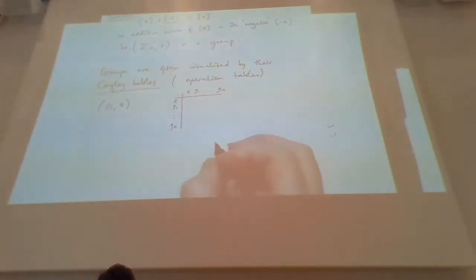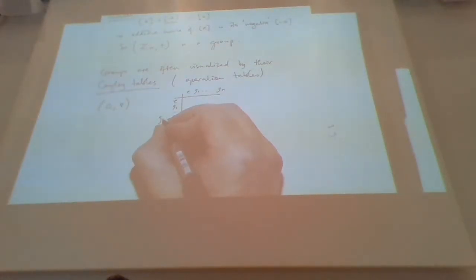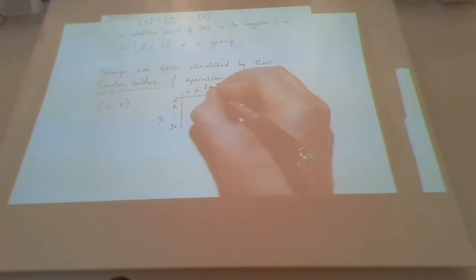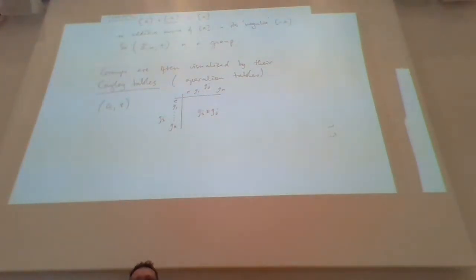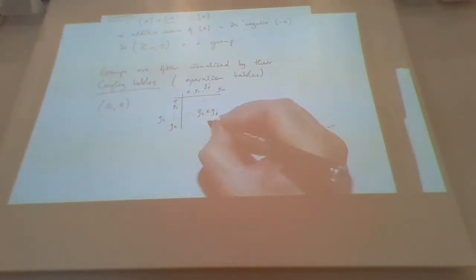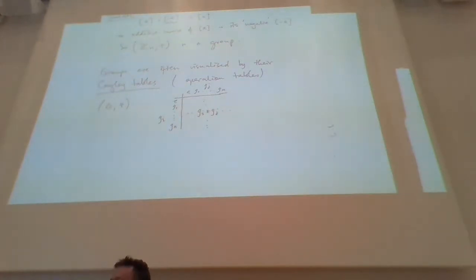In the body of the table, in the row corresponding to g_i and the column corresponding to g_j, you put the product g_i star g_j. So it's a way of displaying in a nice table all of the possible products within the group.